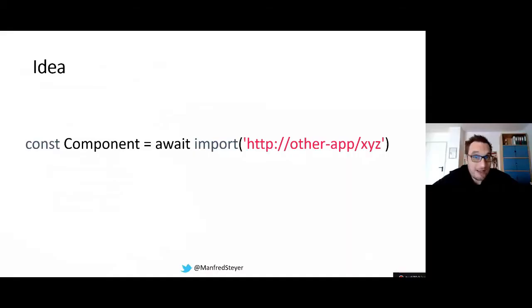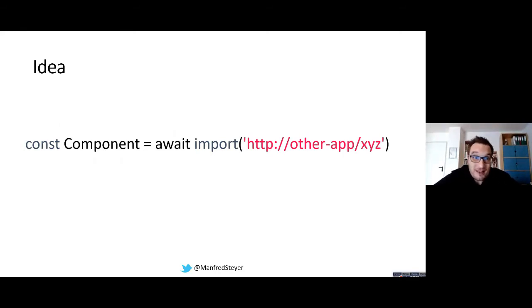So the big question to understand what is happening here is how to load separately compiled code from this other origin. And perhaps you're saying now one more time, come on, Manfred, we have dynamic import, don't we? So why not use dynamic ECMAScript imports to point to another location? And even before we had dynamic imports, we could have used require. You know, in CommonJS, in Node.js, we have this require.